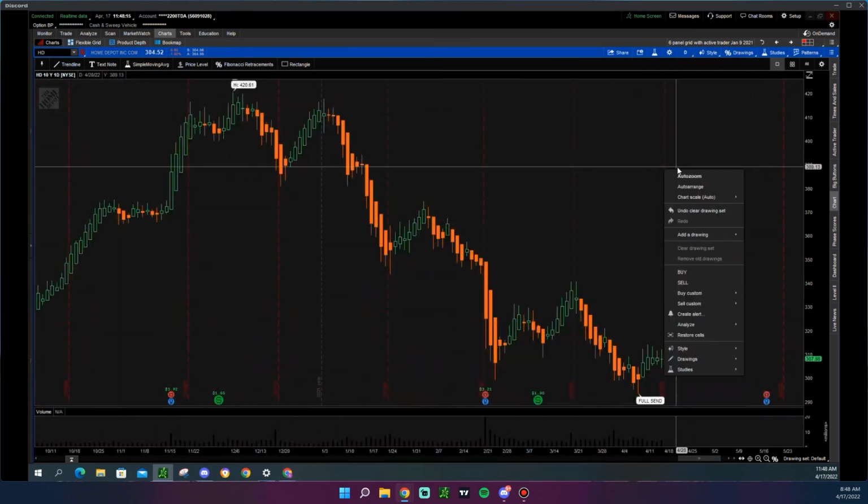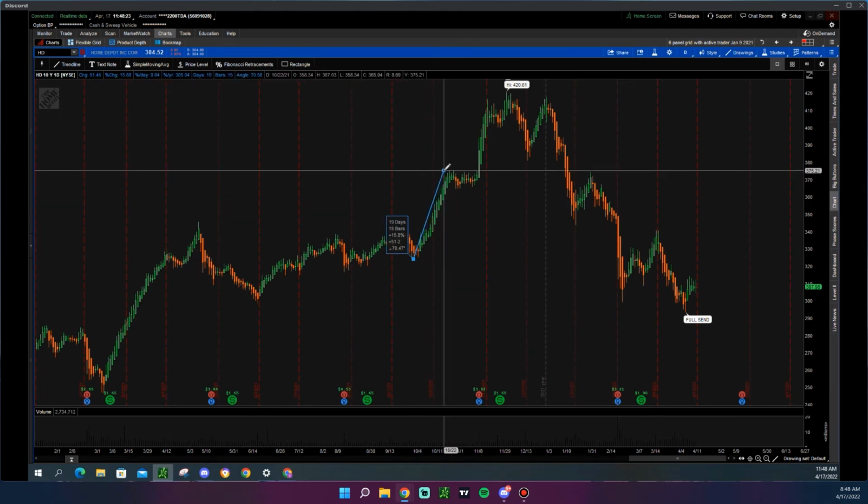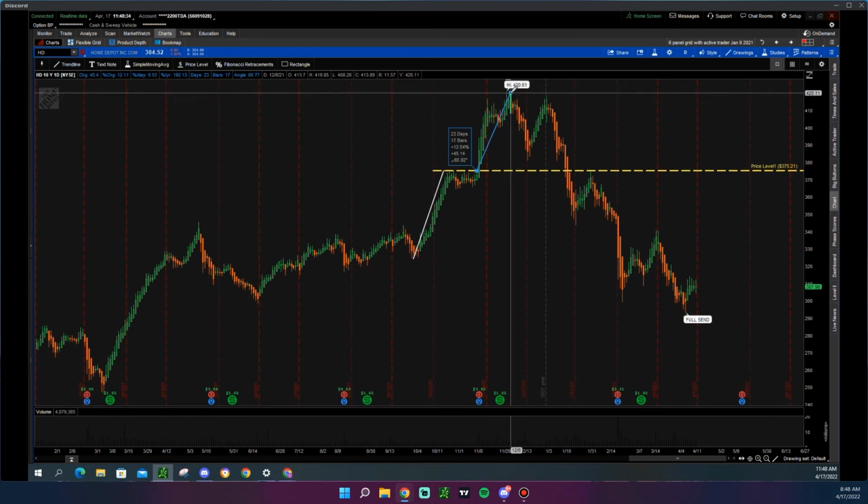Okay, so if this was my ABCD, the initial one, I just want to find a decent one here. So what the ABC is telling you, I'll just mark this level so I know the entry. So 375 from here to here.